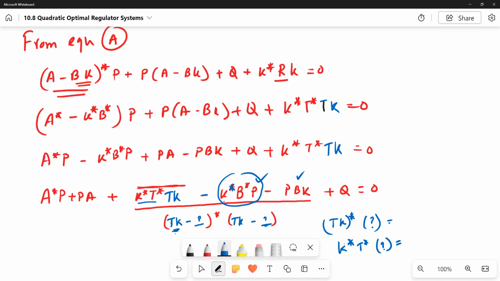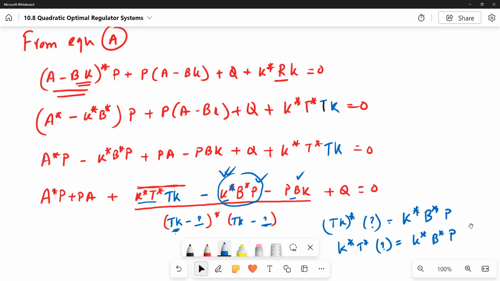Because this one has K star, we can see that instead of this one, we have to take this one. So this will be your K star B star B.